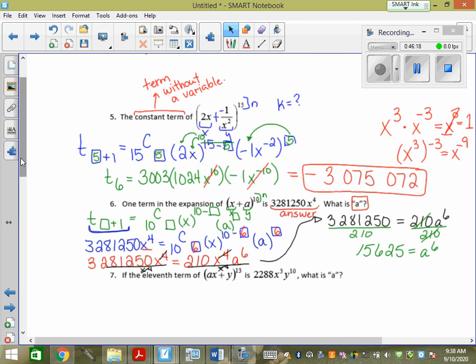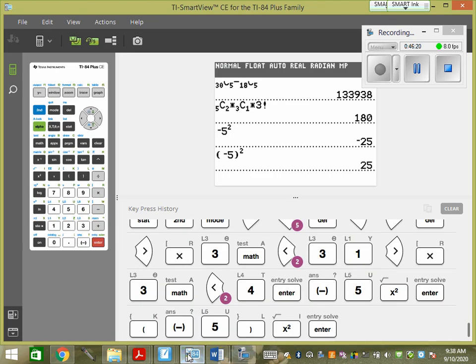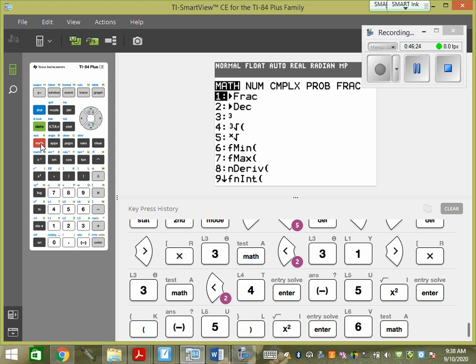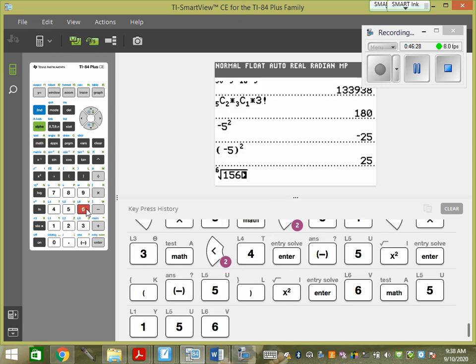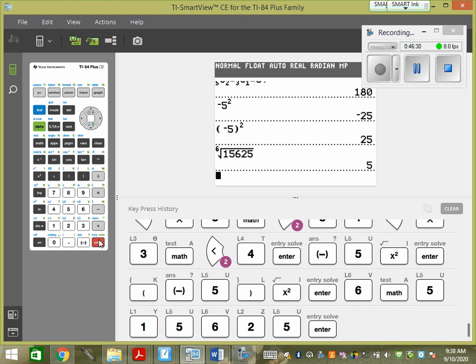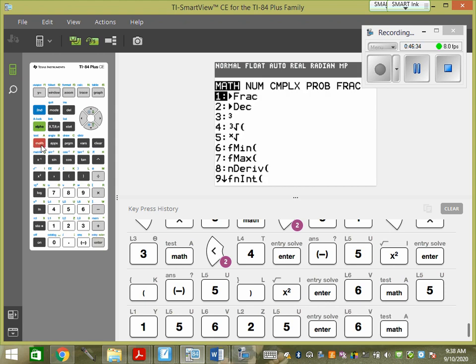And then we can just go 6th root of 15,625, which is 5. So, on the math, pick the one with the x.